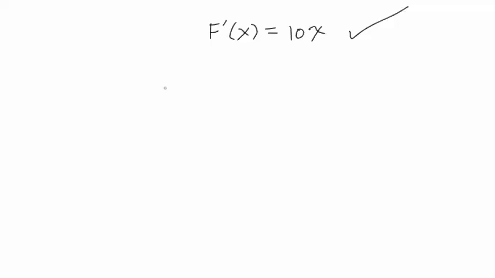Now I'm going to show you another way of doing this problem, and we're just going to stick with this one particular way. So we have the integral from 1 to x of 10t dt.